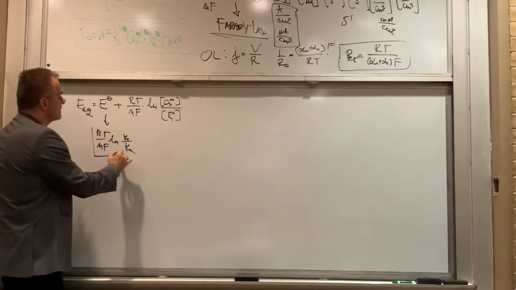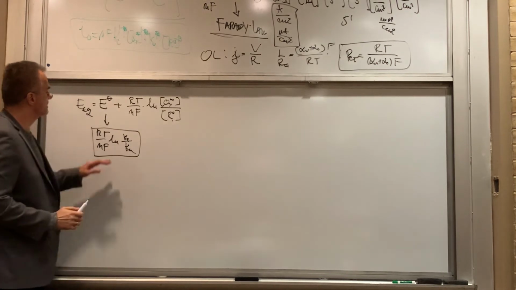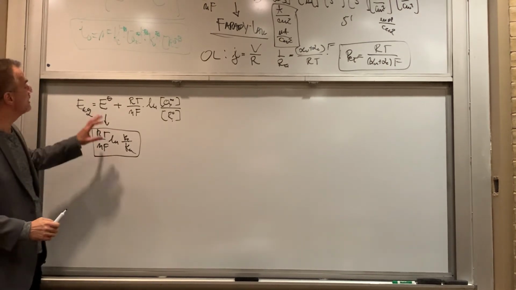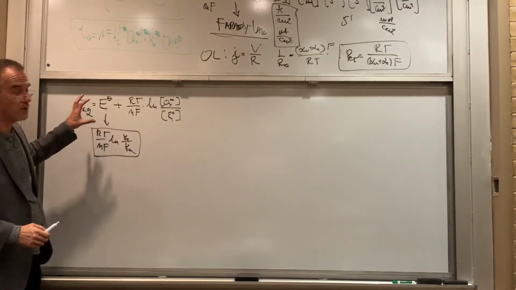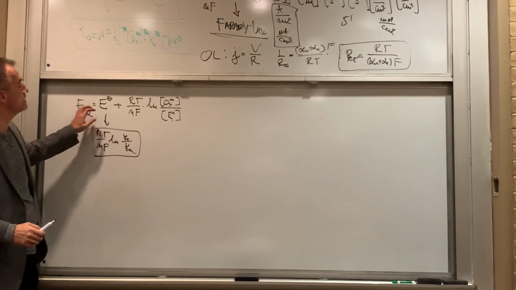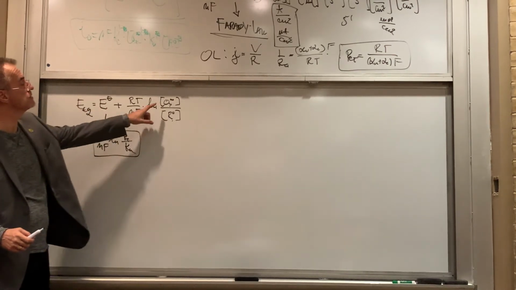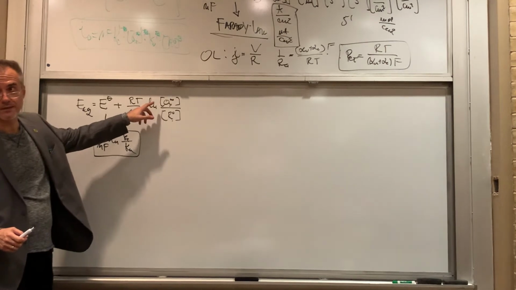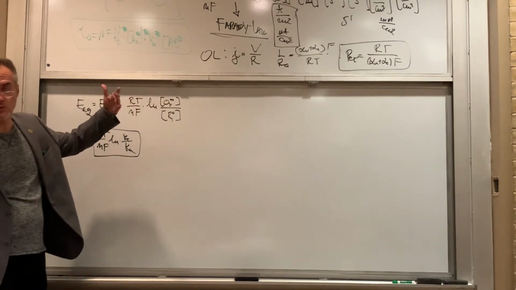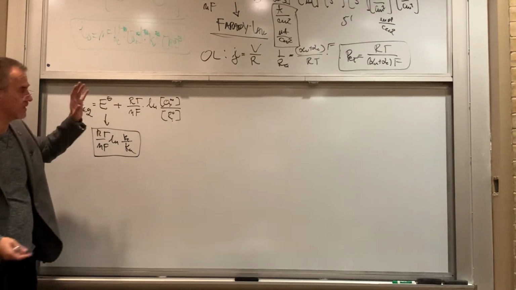Because this doesn't have any concentration dependence, it's a constant. We call this the equilibrium potential at standard conditions, and the standard conditions are when these are one mole or 1 mole per centimeter squared, whatever you want.